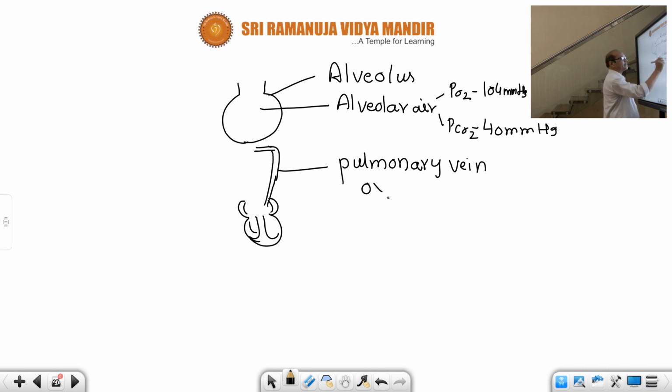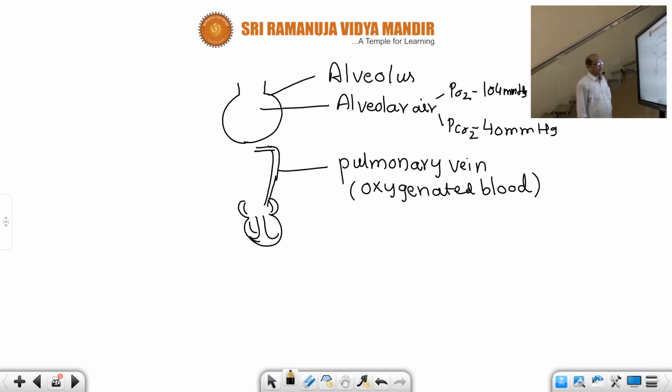Pulmonary vein contains oxygenated blood, means towards the left side of the heart, the left part of the body always has oxygenated blood, pure blood.